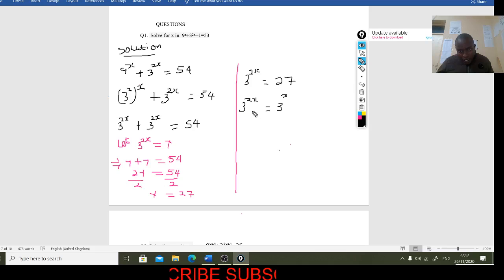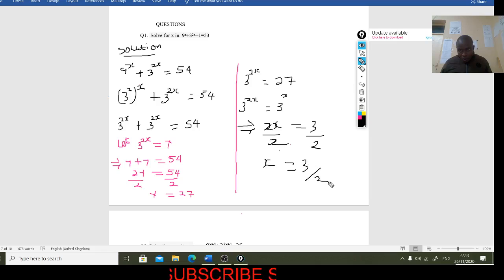There is an equal sign and the bases are equal. If the bases are equal, that means the powers are also equal. Because the powers are equal, it implies that 2x equals to 3. I divide by 2. These 2 cancel, so I remain with x equals to 3 over 2.